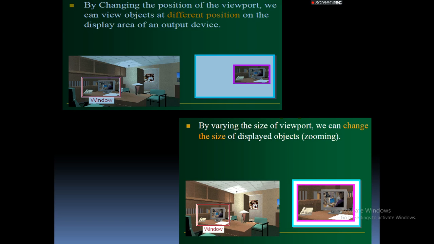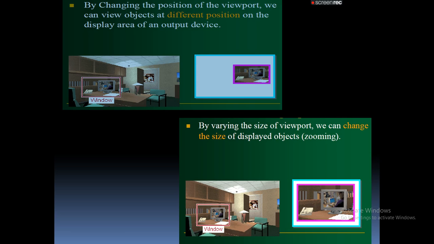So when you are performing zoom out, it means that you are decreasing the size of the viewport. The size of the object displayed on the screen of the monitor depends on the size of the viewport. This is a very important point. And second, where you want to display that image on the screen is decided by the position of the viewport.